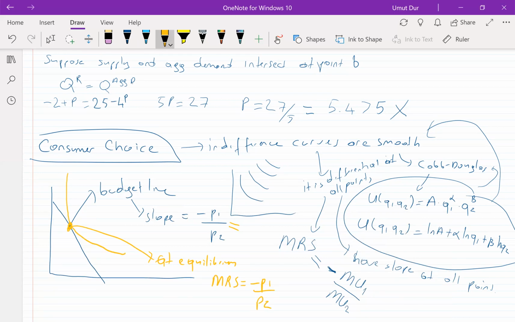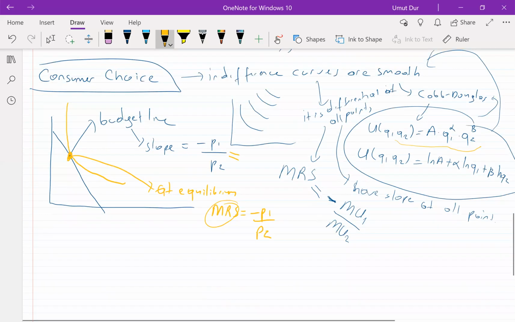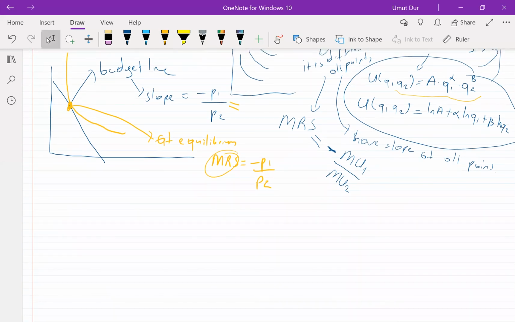This is true for indifference curves which are smooth, so we can use MRS. The indifference curve will be smooth if you have a utility function like this, the product of Q1 and Q2 with some powers, or the summation of ln functions. Those two functions represent the same indifference curves. Here the budget line is straight, there is no kink.